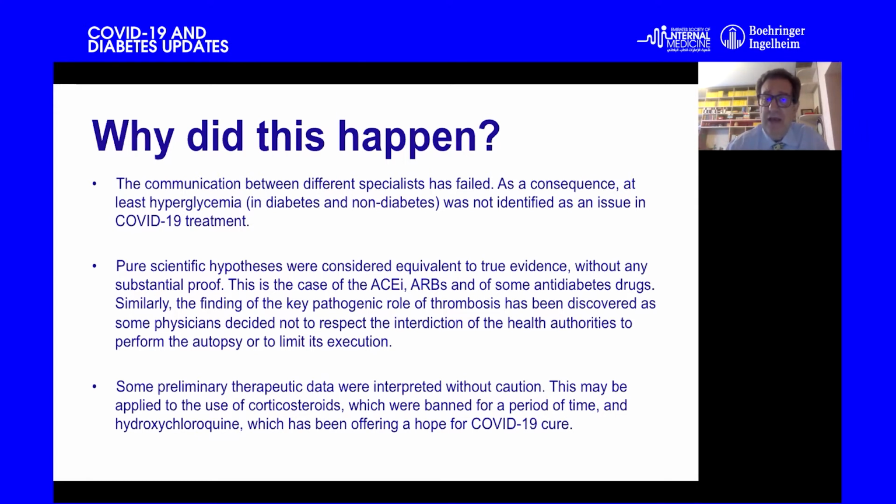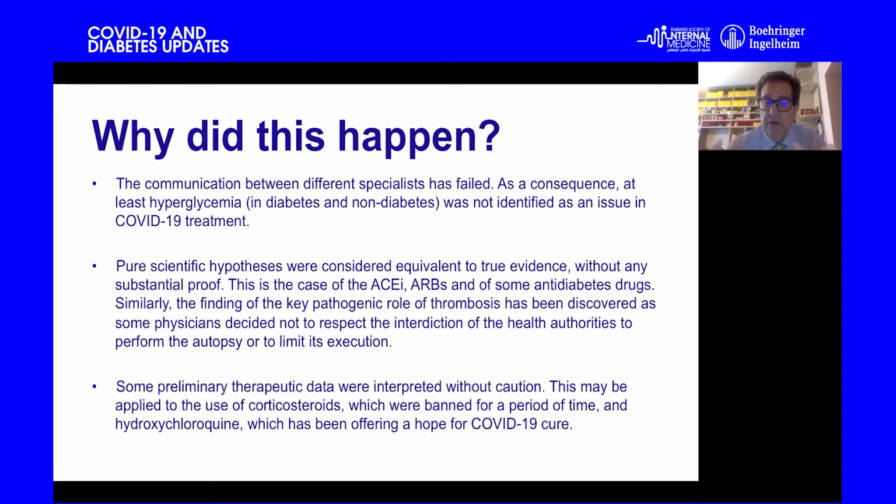Pure scientific hypotheses were considered equivalent to true evidence, substantial proof. This was, for example, the case of ACE inhibitors, where just a hypothesis was considered true before any clear evidence, and we will never know how many people paid for this.